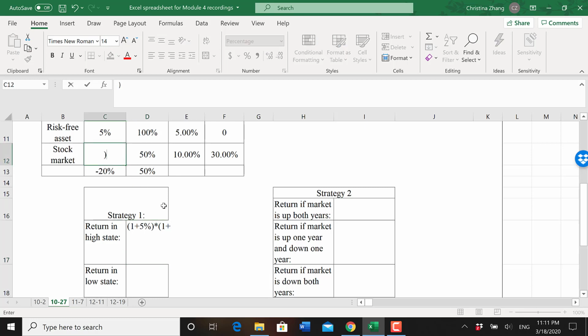Sorry, never mind. Okay, something went wrong here. So you're going to do plus 40%, and then subtract 1.